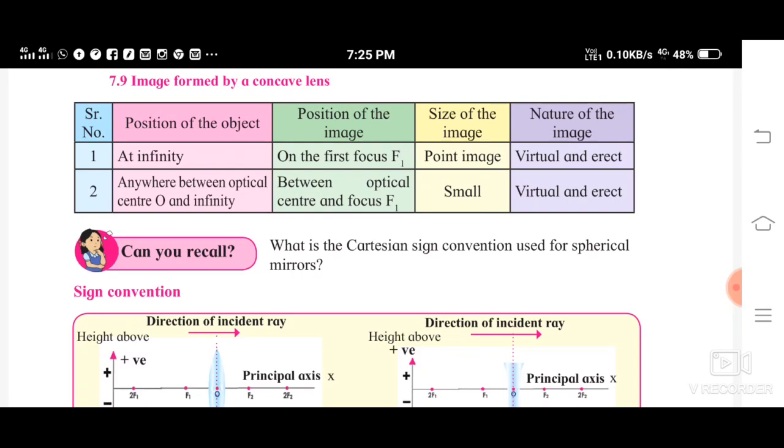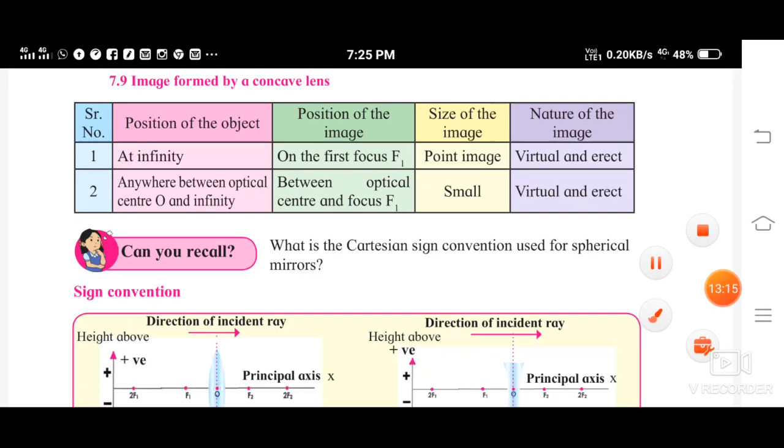Now when you keep the object anywhere between optical center O and infinity, the image will be formed between the optical center O and focus F1. And the size of the image is going to be small, and the nature of the image will be virtual, that is on the same side as the object, and it will be erect.